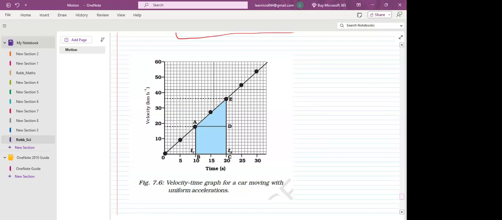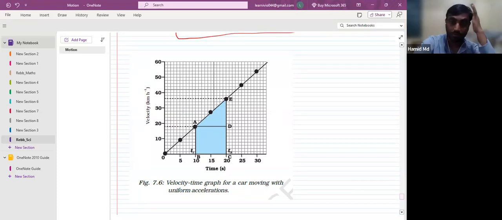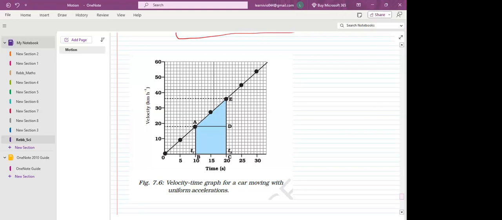No, I won't. So show me what will be the area of this shaded part. The area will be area ABCD plus the area of the triangle ADE.